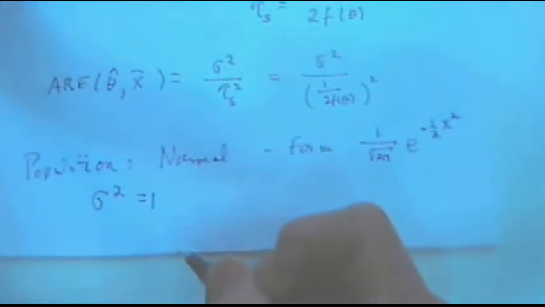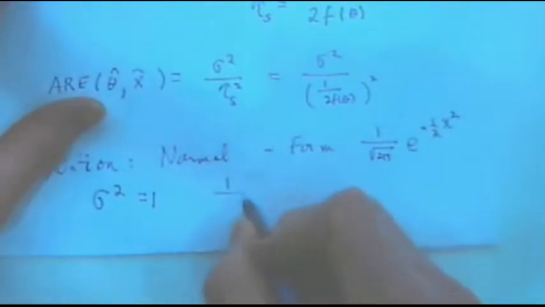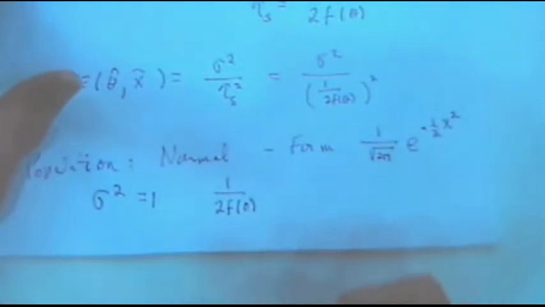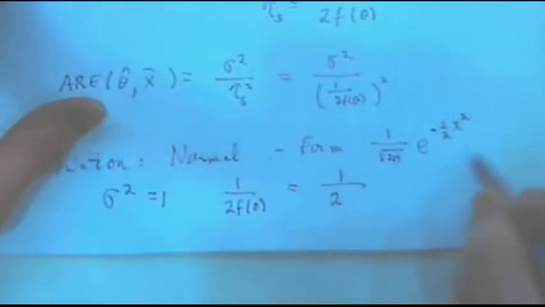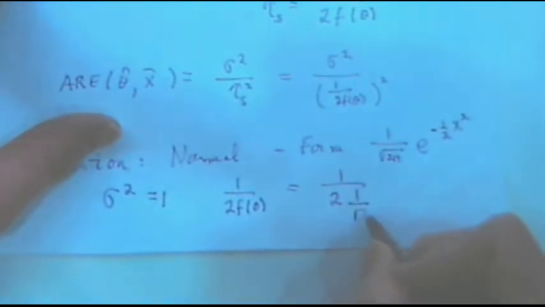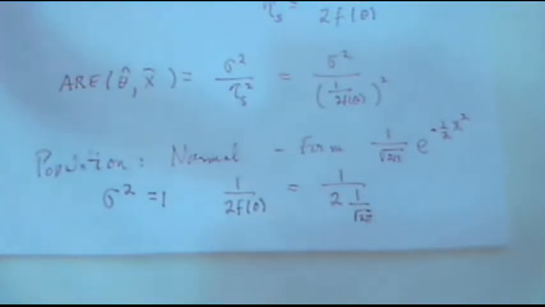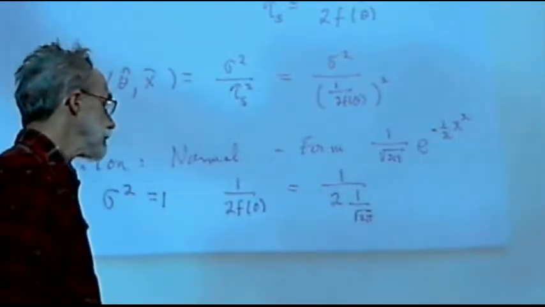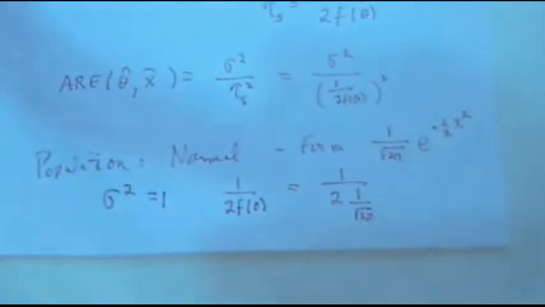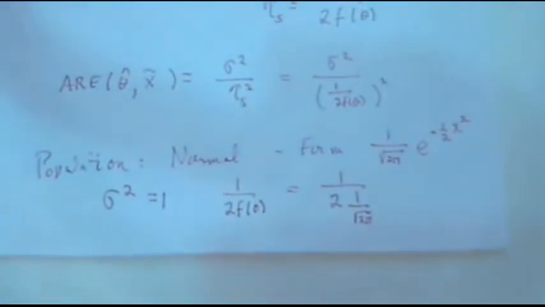And then I need 1 over 2 f of the median, and the median is 0. You now have to square that. So that would be 1 over 2 times f of 0, which is 1 over the square root of 2 pi, and then e to the 0 is 1, so that's what that is. So it's pi over 2.